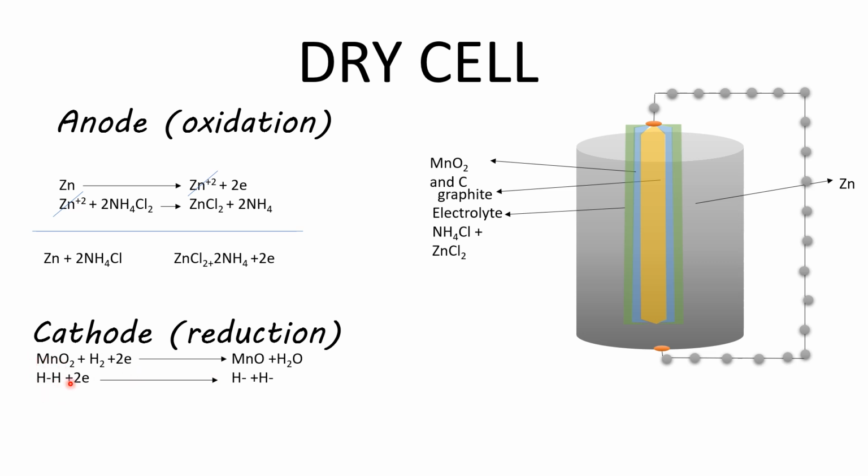So, with the help of two electrons, its covalent bond will break down and it will become the -1 ions. Because of this ion, the electrons will move from this side to this side.